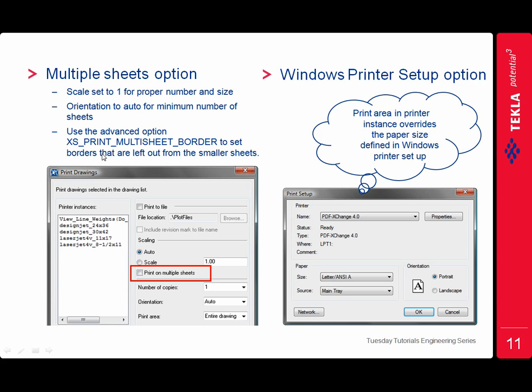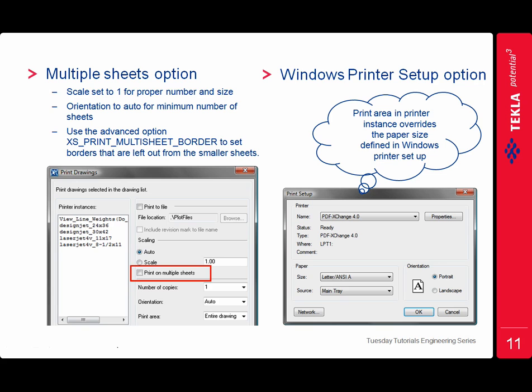And then you'd also want to use the advanced option excess print multi-sheet border to set borders that are left out from smaller sheets. Don't think I've seen anybody use this, but that is an option that's available.